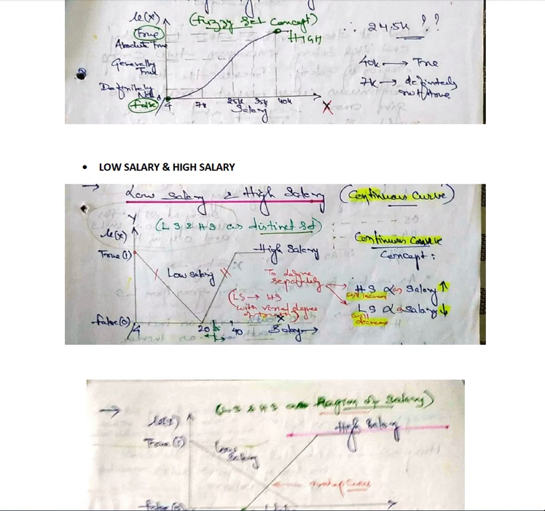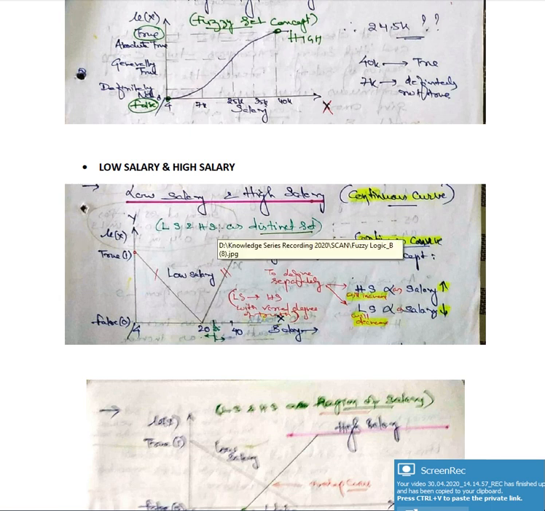But here the point is not with respect to the subject, rather it is with respect to the title that is being put related to the membership value. So this is a continuous curve concept. That is what is termed as a low salary and a high salary with respect to a continuous curve.